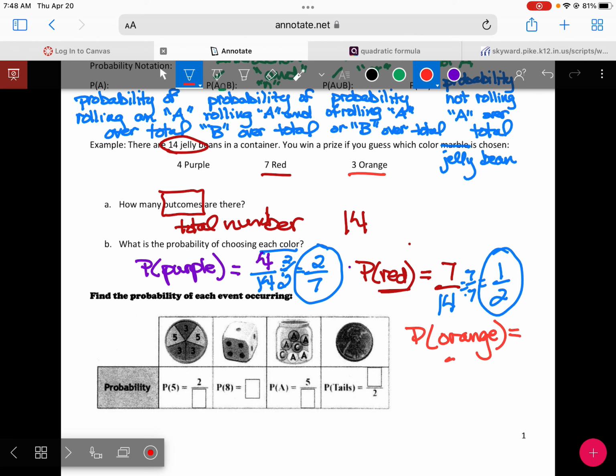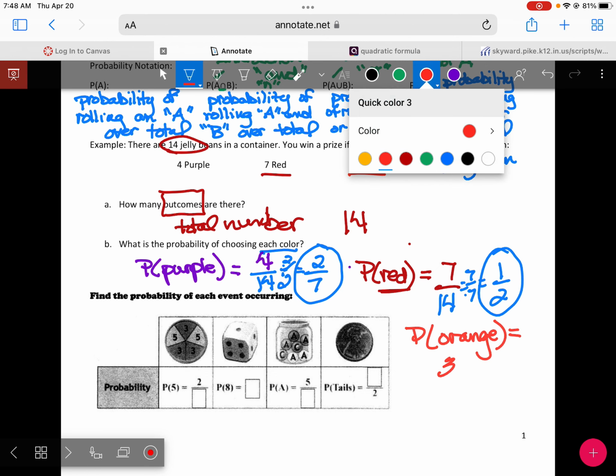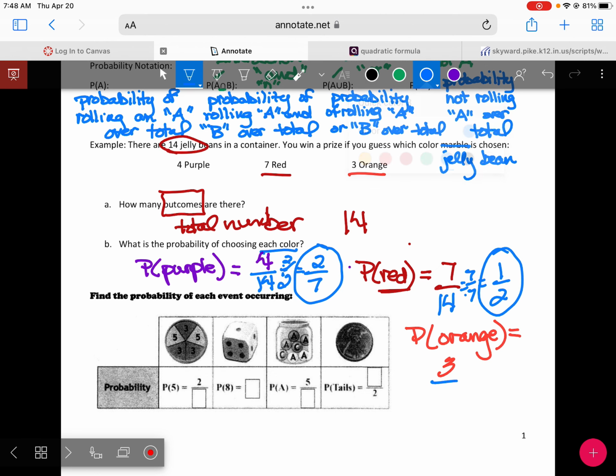We have 3. Out of my total, I have 14. 3 14ths, does that simplify? No. So my answer is just 3 14ths. Remember, it's the number of wins or successes over the total. Okay? Wins or successes over the total.